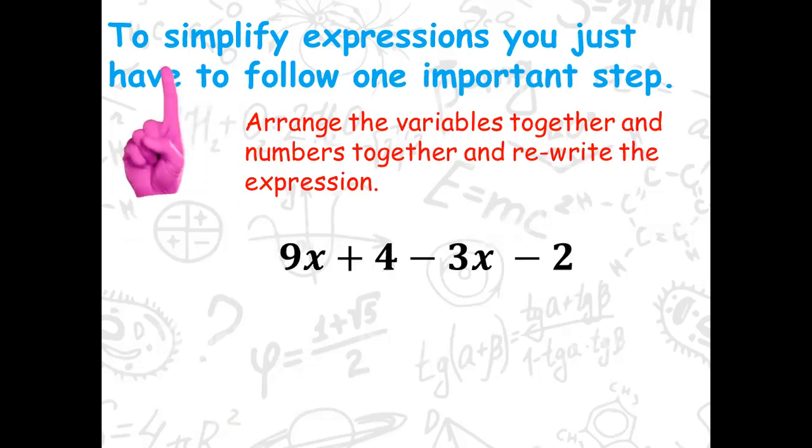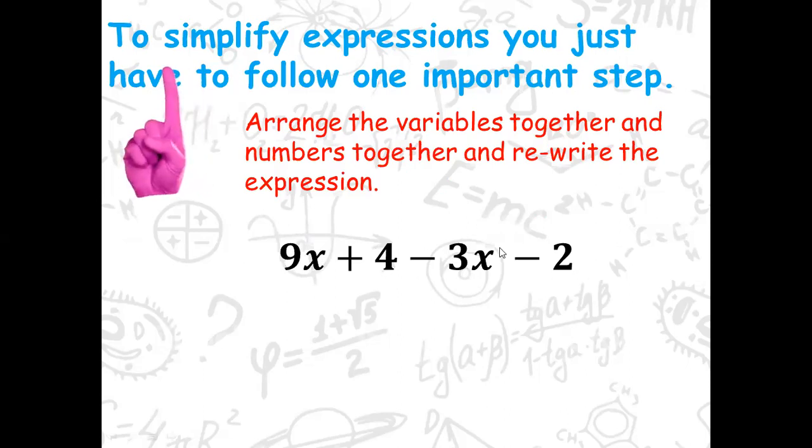So let's look at an example. Here the expression is 9x plus 4 minus 3x minus 2. As you can see, there are two terms with variables, 9x and 3x, and we have 4 and we have 2.